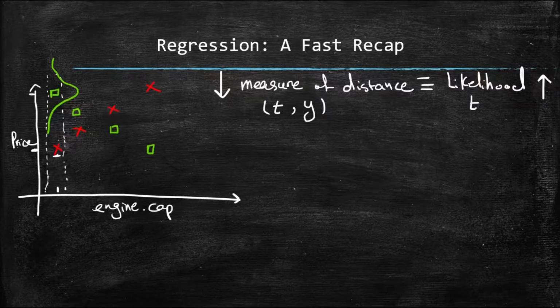If I were to sample from this Gaussian, how likely is it that I will generate a value over here, which is the red cross? So a price over here, basically, if it's a Gaussian that describes the distribution of the car prices for this engine capacity.